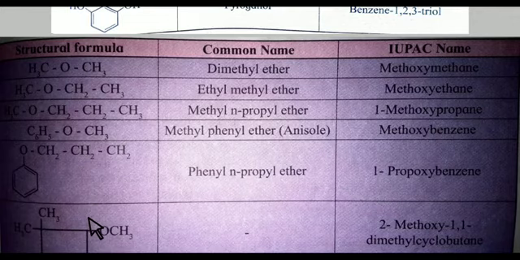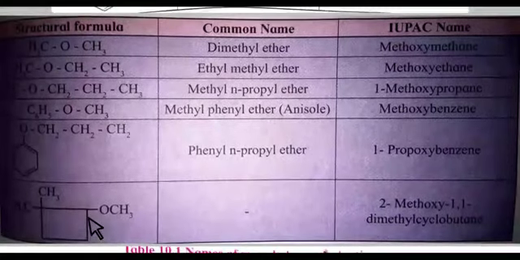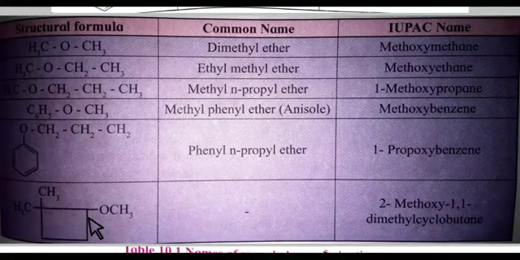So a saturated compound you have to name like cyclobutane, cyclohexane, cyclopentane. Similarly here, 4 carbon atoms are there, so you have to name it like cyclobutane. So this is enough for today's lecture. In the next lecture we will study more monofunctional nomenclature. Thank you so much.